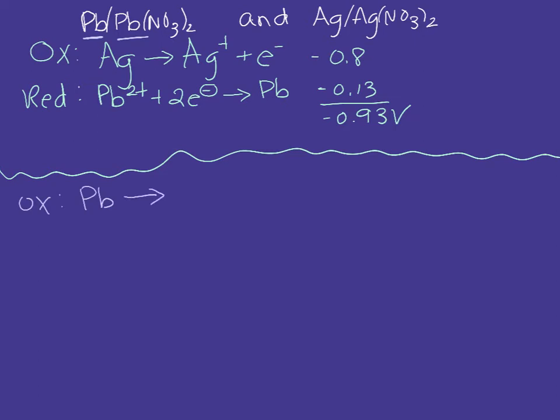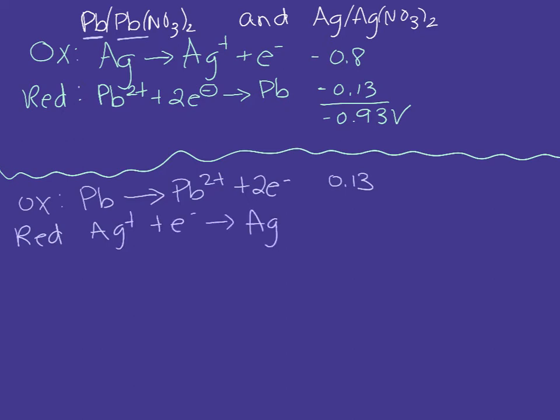So that's going to be lead. It's getting oxidized. That means that it's the lead metal going to lead 2+ plus 2 electrons. And that's going to be positive 0.13 because you flip it over. And then reduction is going to be the silver ions in this case, picking up an electron, turning into silver metal. And that's going to give us 0.8 volts.